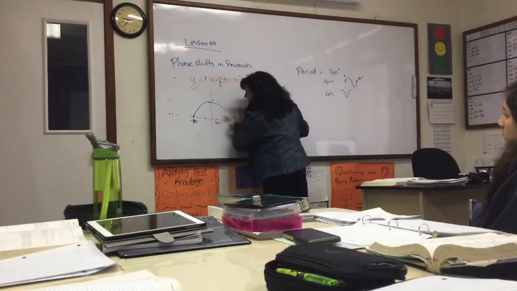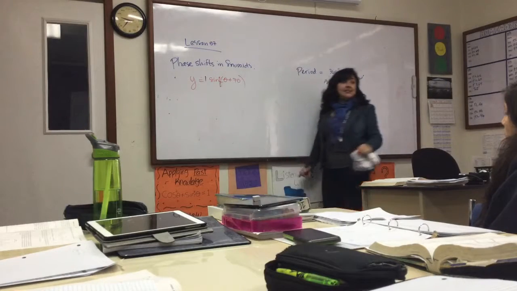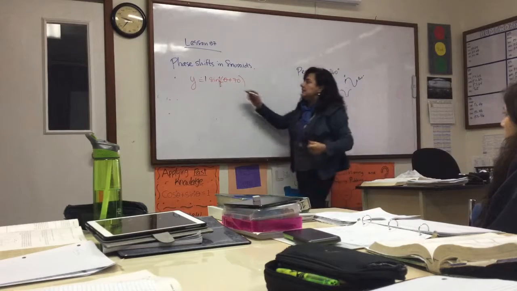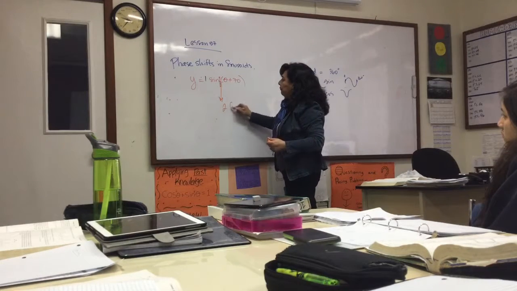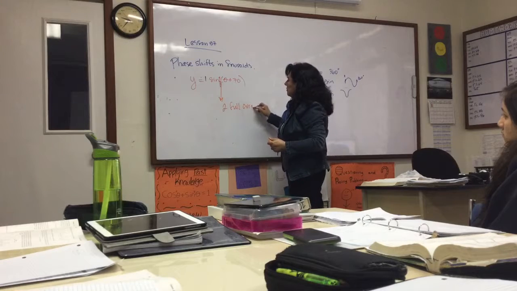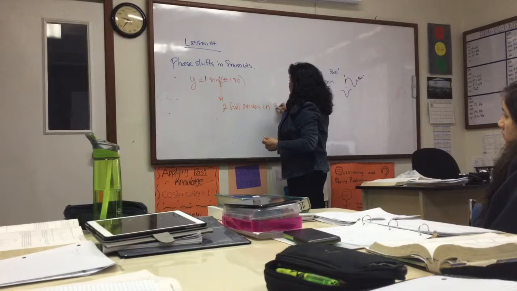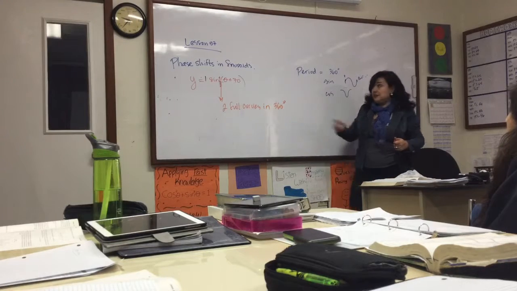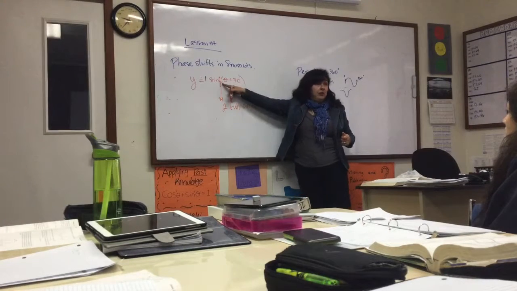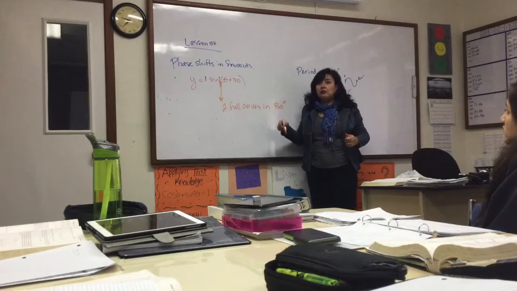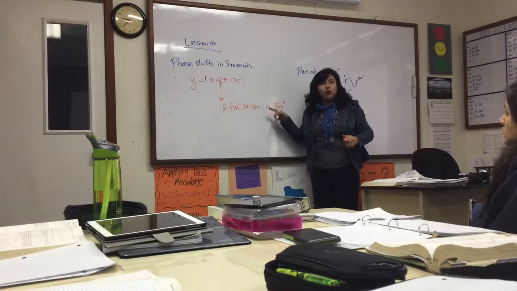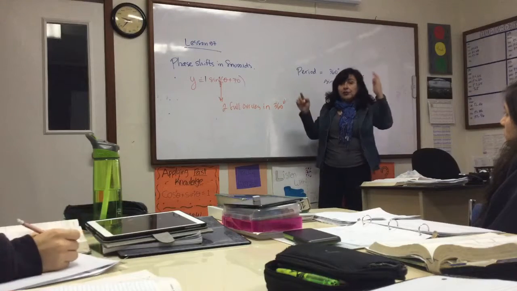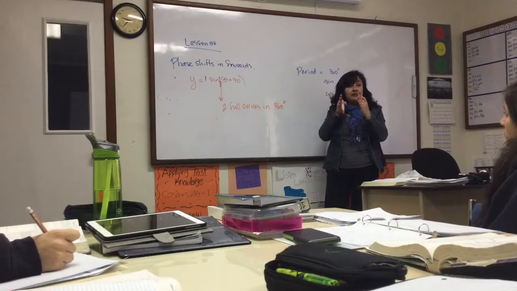It means now you have to put 2 full curves in 360 degrees. Because it's telling you, you've got to fit 2 of them in there. And if I put a 4, I've got to put 4 full curves in it. And if that's true, the period becomes smaller, doesn't it?